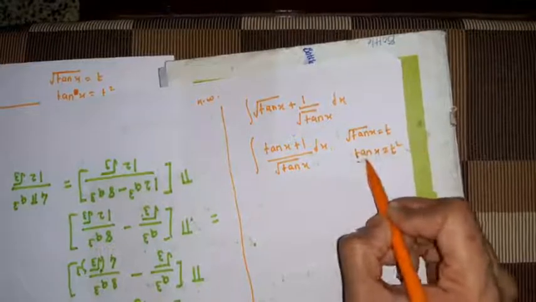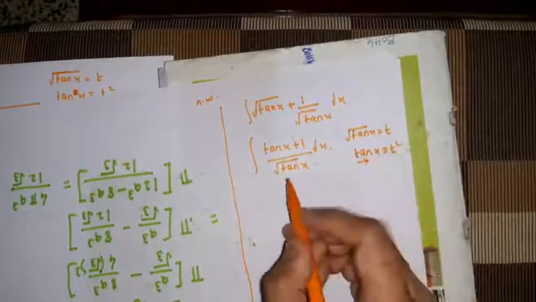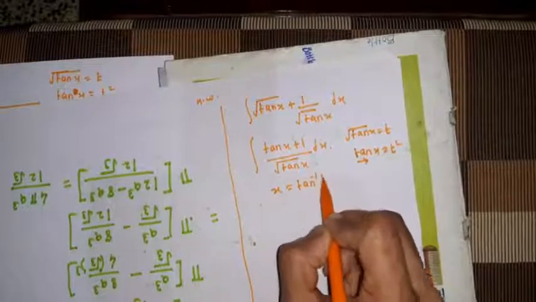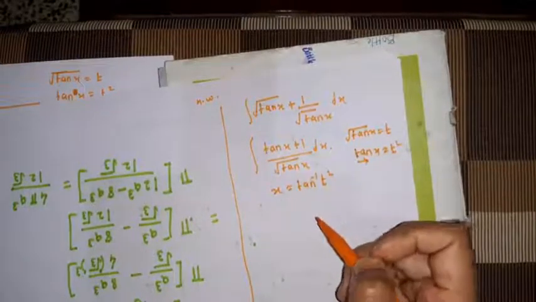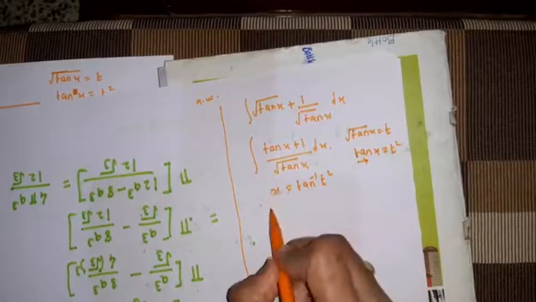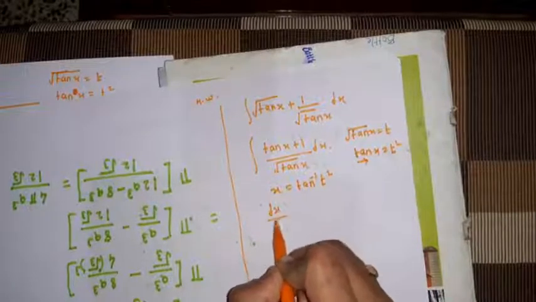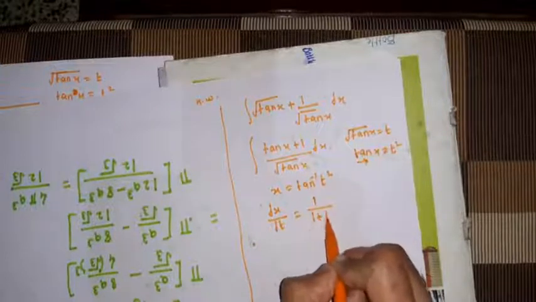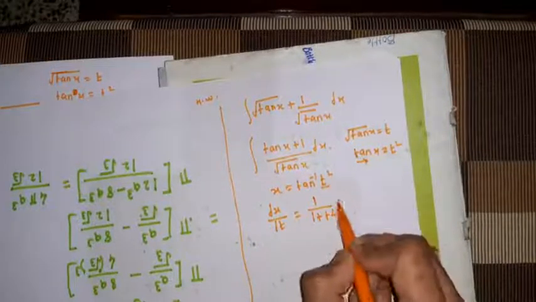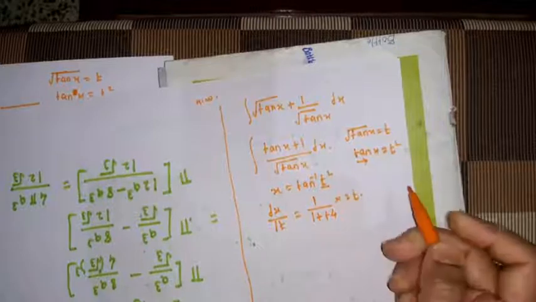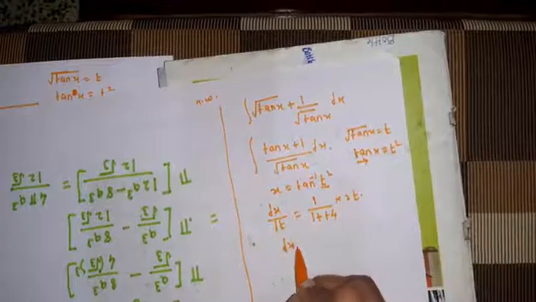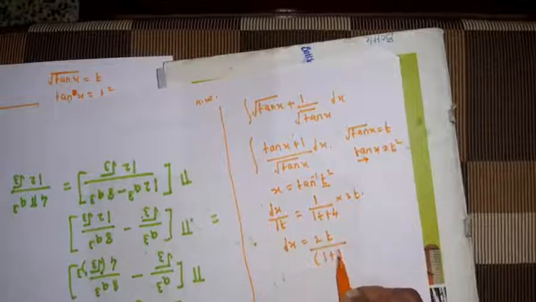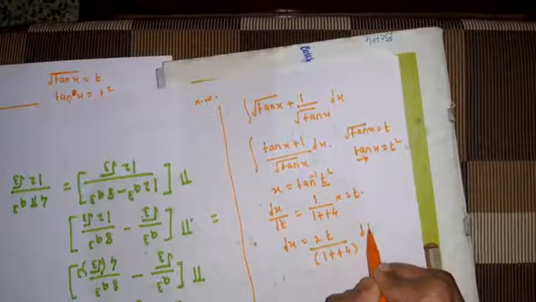Now shift this tan to that side, we will get x equal to tan inverse of t². Now differentiate with respect to t. We will get dx/dt equal to 1 upon (1 + t⁴) into the differentiation of t², which is 2t. And therefore dx equal to 2t upon (1 + t⁴) dt.